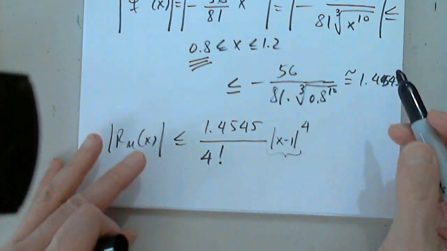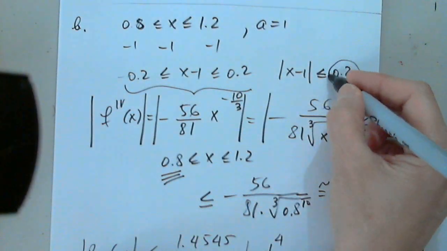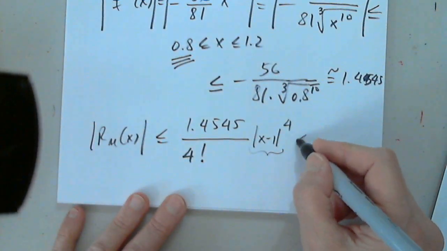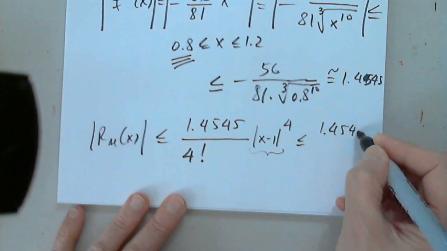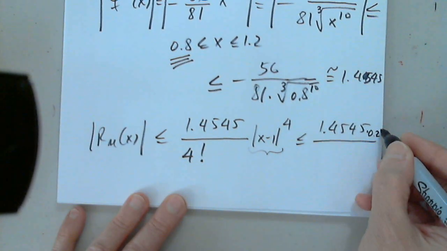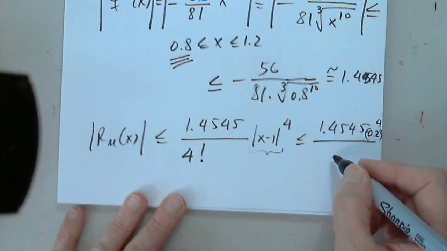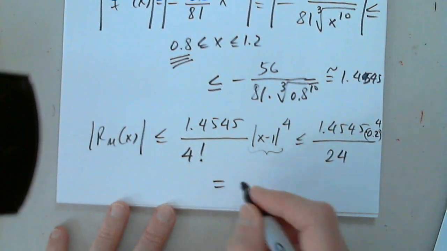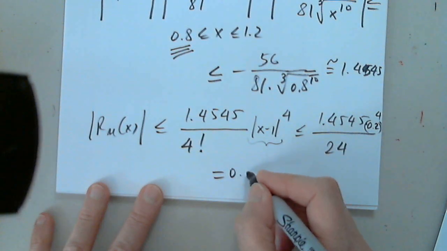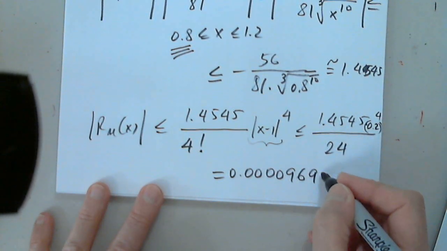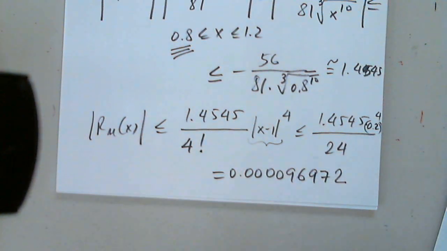But this, we already determined it here, is less than or equal to 0.2. So this will be less than or equal to 1.4545 times 0.2 to the 4th power, and everything divided by 24. When I calculated this, I got 0.000096972.